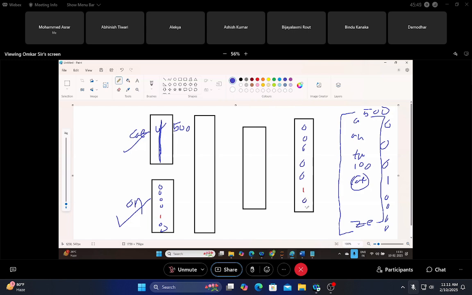This is also a 500 vector. Maybe at the 100th place cat is available, at the 200th place on is available, and at the 300th place sat will be available.